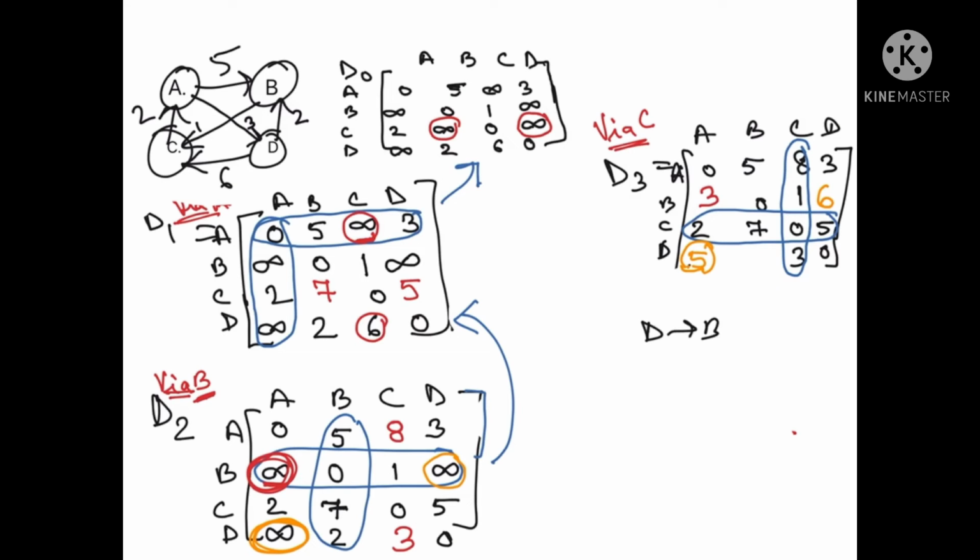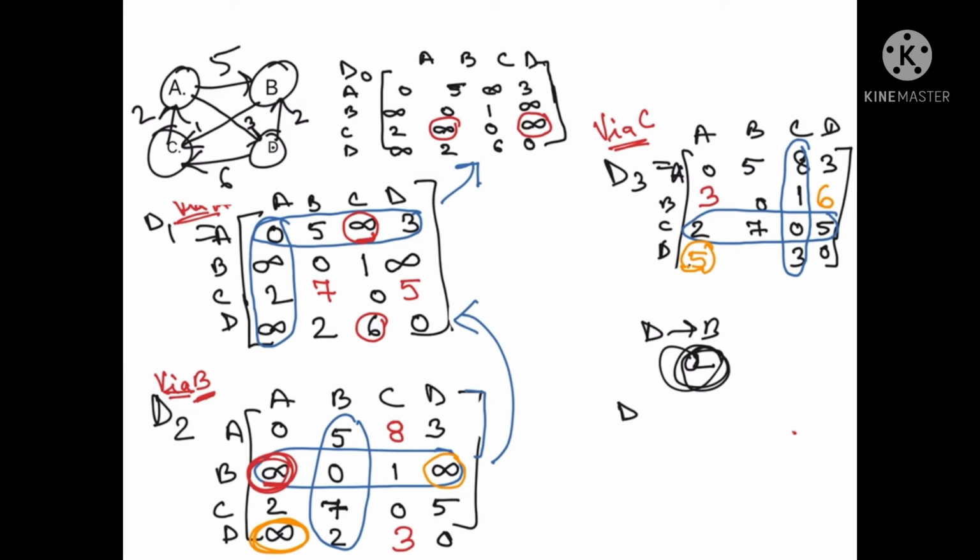D to B. So D to B is 2. If you compare other paths too, you will find that nothing will be less than 2. Like D to B is 2, but D to C is 6, and then 6 plus 2.